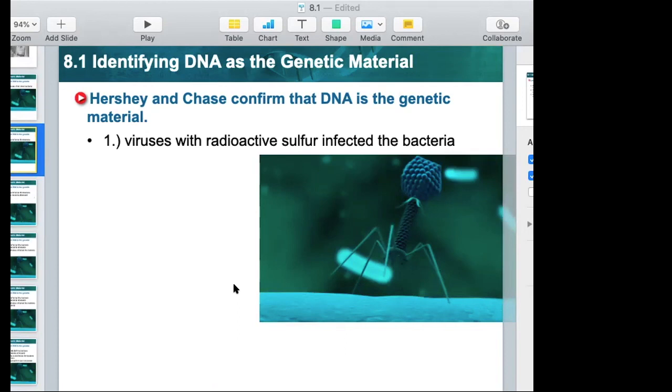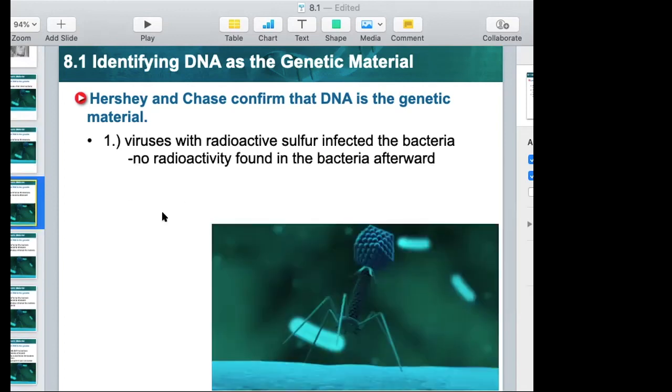Bacteria has a lot of sulfur in it, but there's no sulfur in DNA. So they had the bacteria infected with a virus that had radioactive sulfur. That sulfur is only found in protein. So the protein on the virus had sulfur, but no sulfur in the DNA.